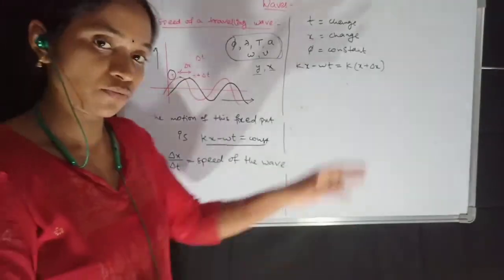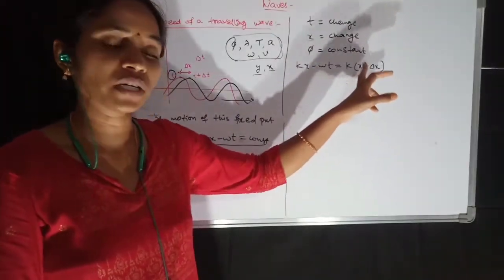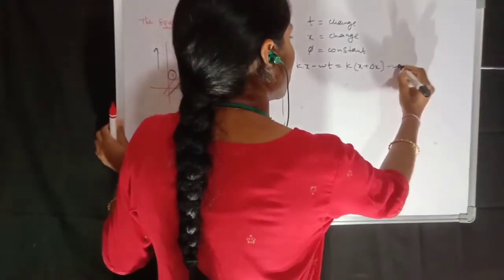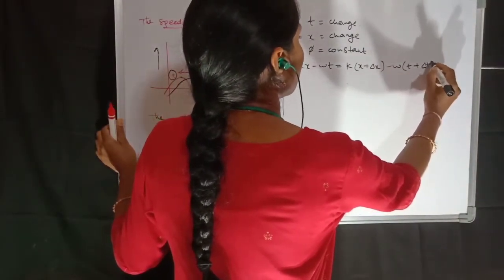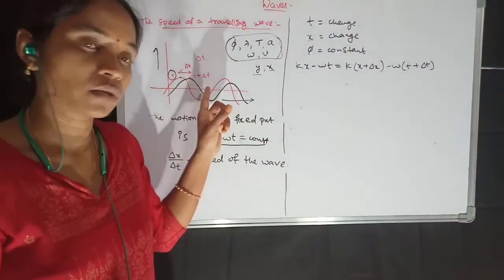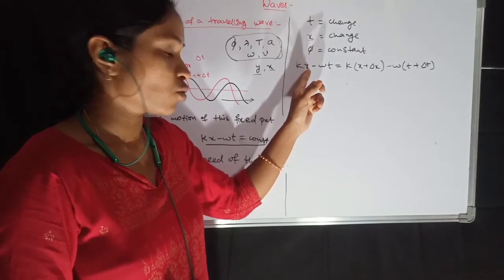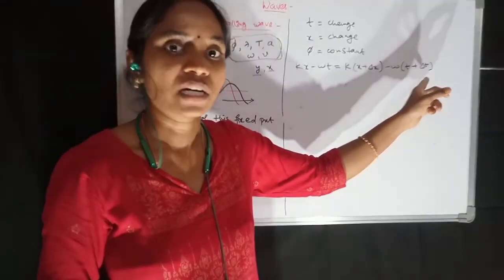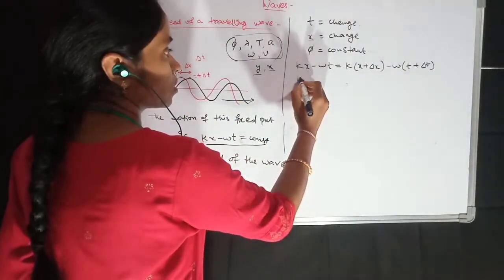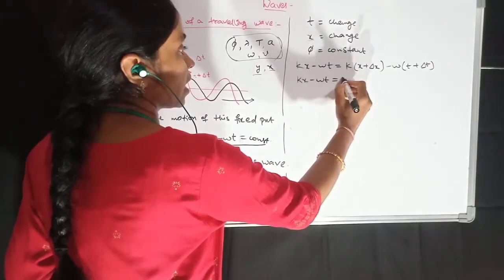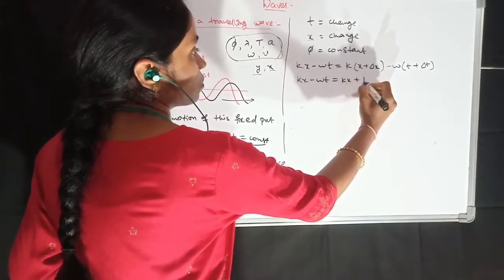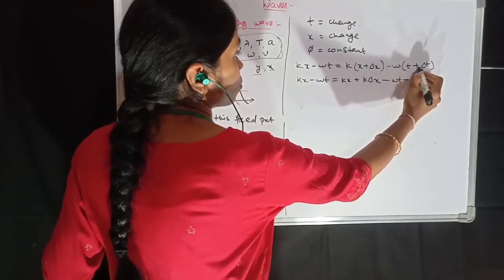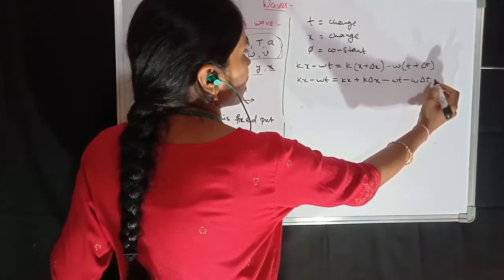Because at x and at x plus delta x, and at time t and at time t plus delta t, the phase remains constant, so I can equate them. Expanding, kx minus omega t equals kx plus k delta x minus omega t minus omega delta t.